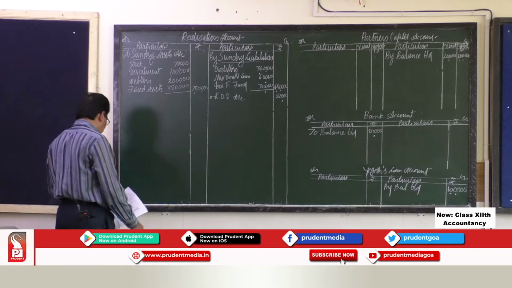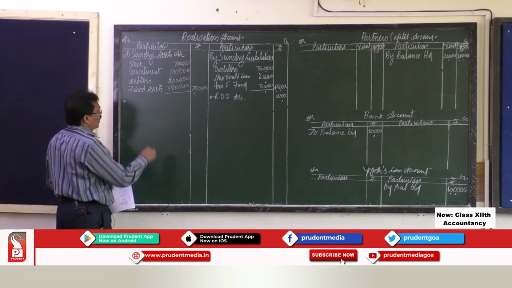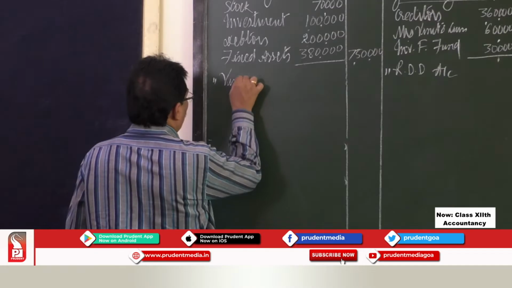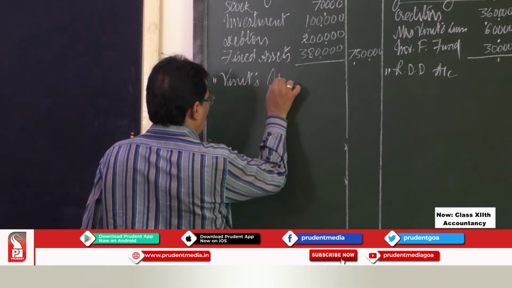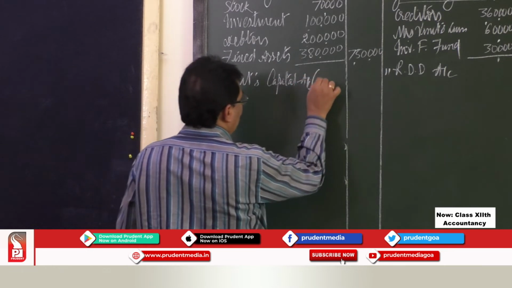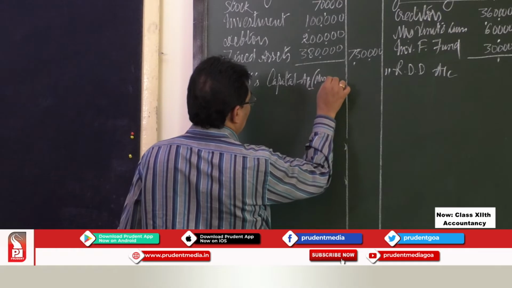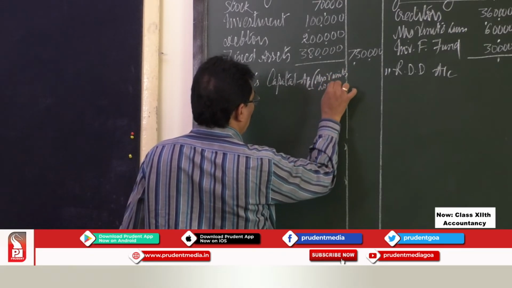So, when the liability is taken over, that comes on the debit side as to Vineet's capital account. This is for Mrs. Vineet's loan, loan taken over.